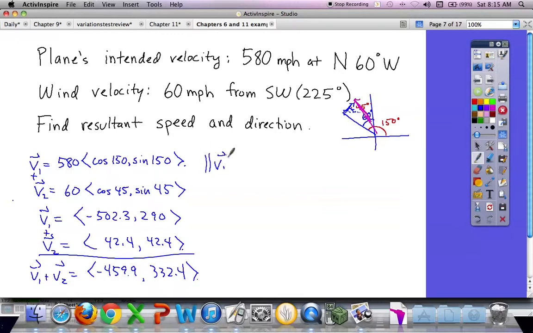Same way we found the magnitude of a vector before, right? We do the square root of negative 459.9 squared plus 332.4 squared.